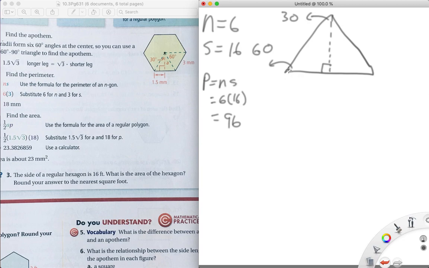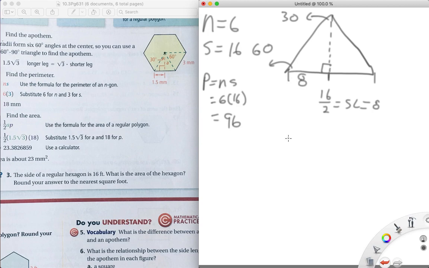Since they tell me that the whole entire side is 16, I can find the shorter leg by dividing 16 by 2. So this here is 8.